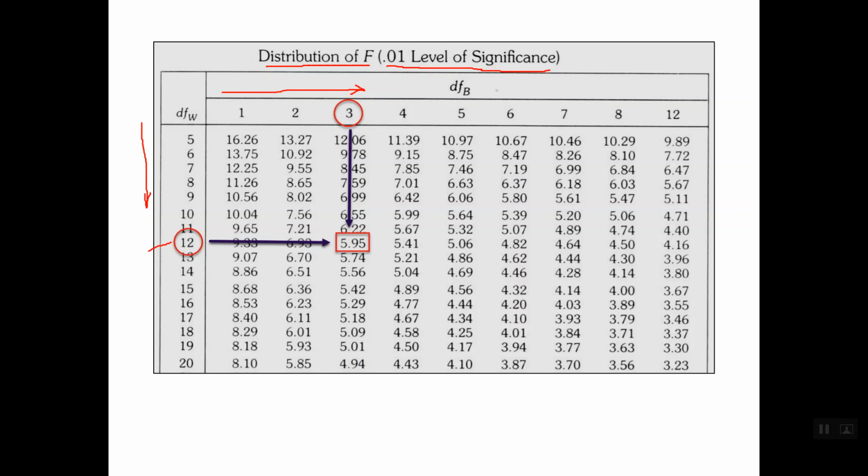So the intersection between these two values is simply the value of the F critical, which is 5.95. So the F critical for the treatments for probability 0.01 and degrees of freedom 3 and 12 is 5.95.